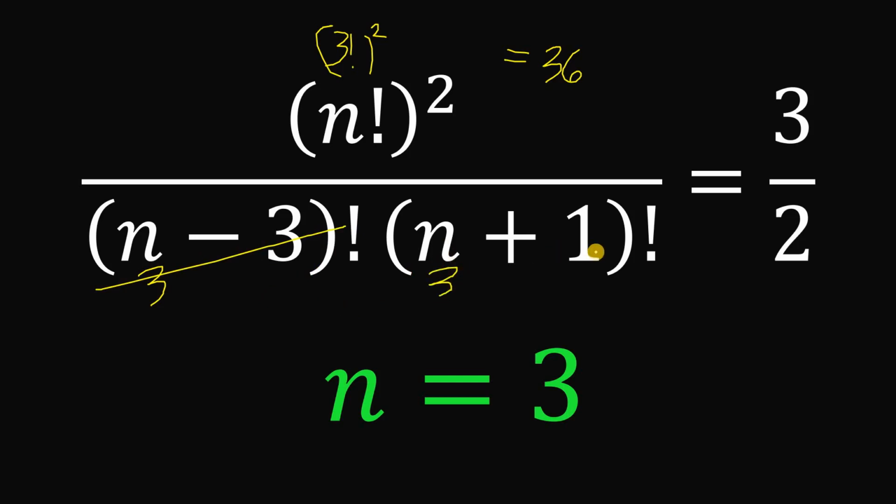And this n is 3. 3 plus 1 is 4. So 4 factorial, we know, is 24. So the denominator is 24. Now 36 over 24, divide both by 12. And sure enough, we get 3 over 2. Therefore, our answer is definitely correct. And as always, we are done.